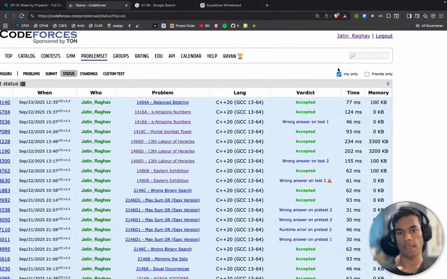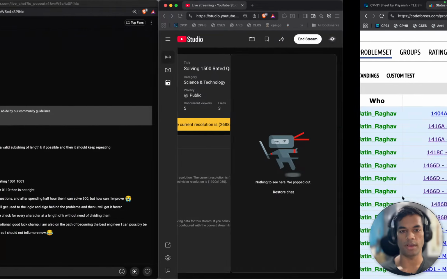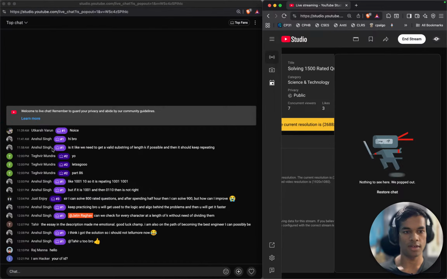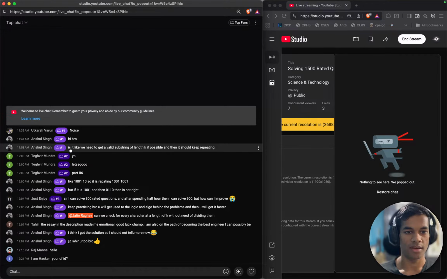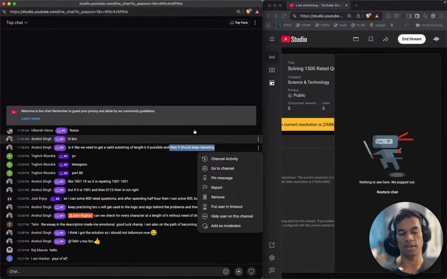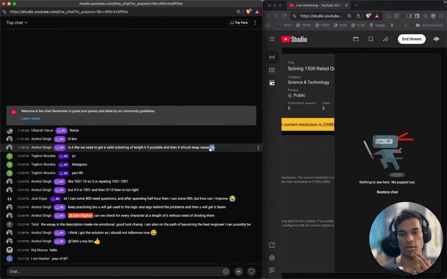But I cannot take the credit for this question because here Anshul brother helped me a little bit. We need to get a valid substring of length k if possible, and then it should keep repeating. Yes, this fact I was not aware of.